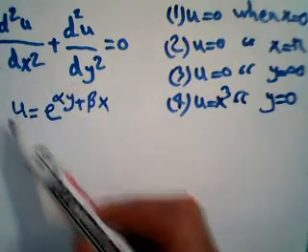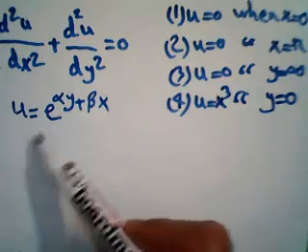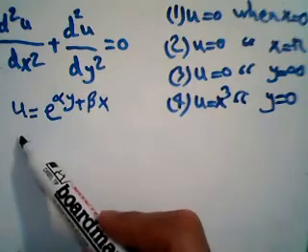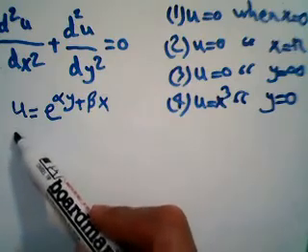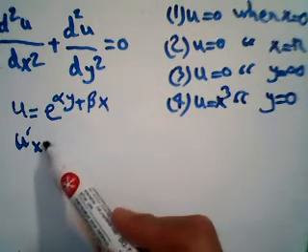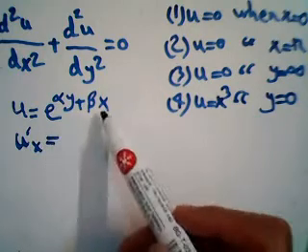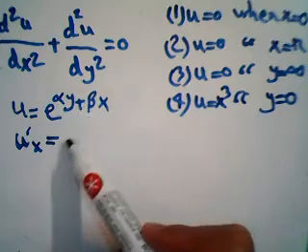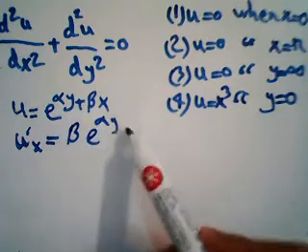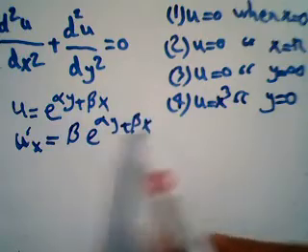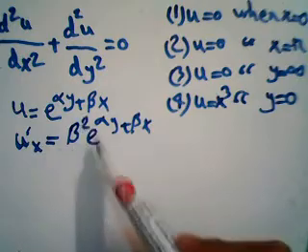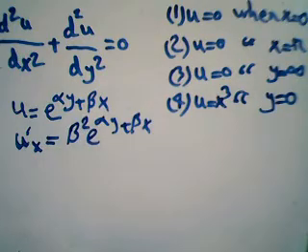Let's first calculate the first derivative with respect to x, let's denote it by u prime x, and this is beta e to the alpha y plus beta x, and the second derivative would be beta squared times this.